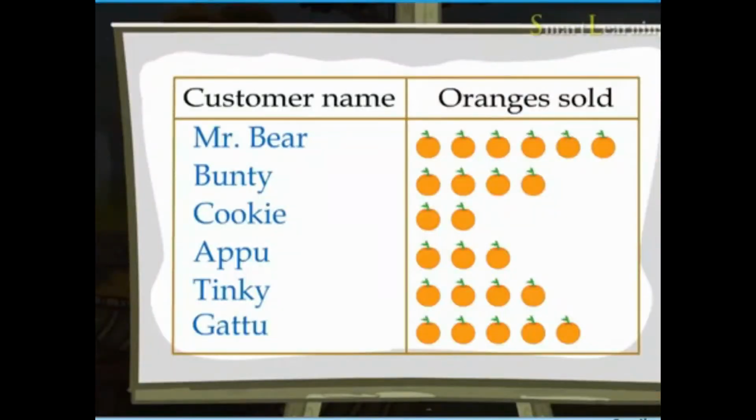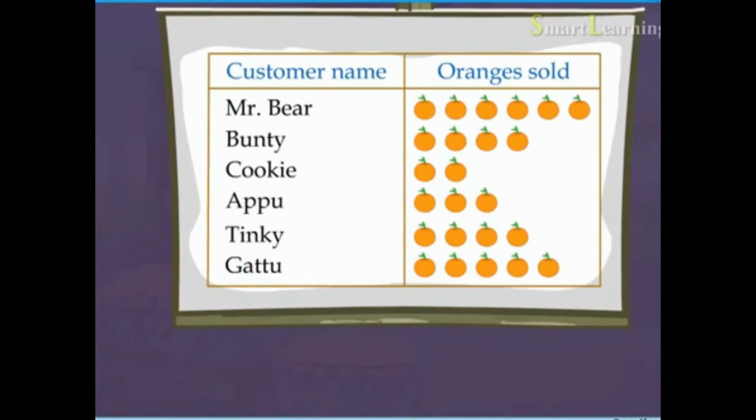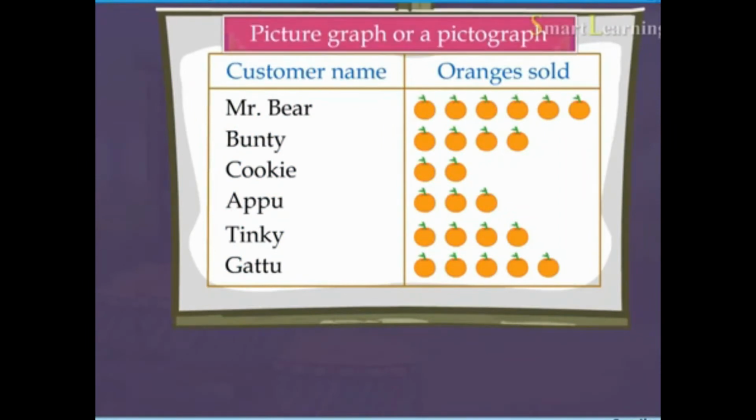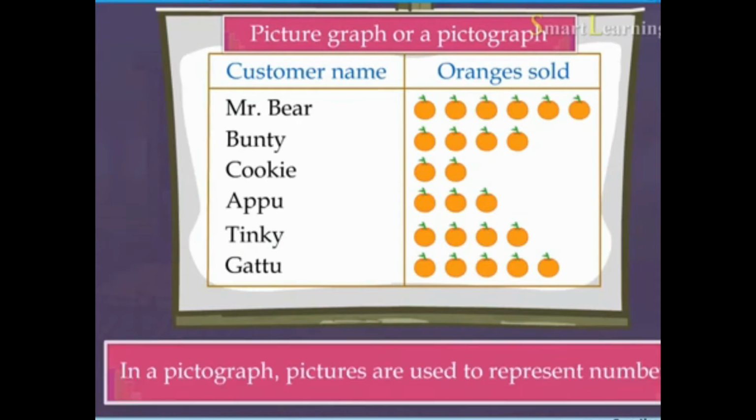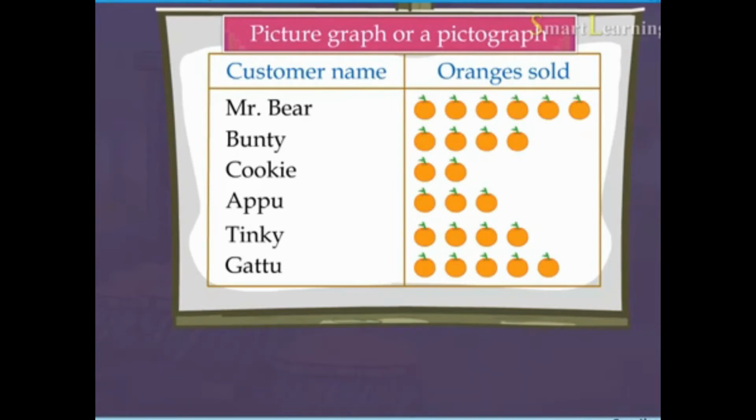Now, his board looks like this. This is known as a pictograph. In a pictograph, pictures are used to represent numbers. Let us use this table to answer some questions.